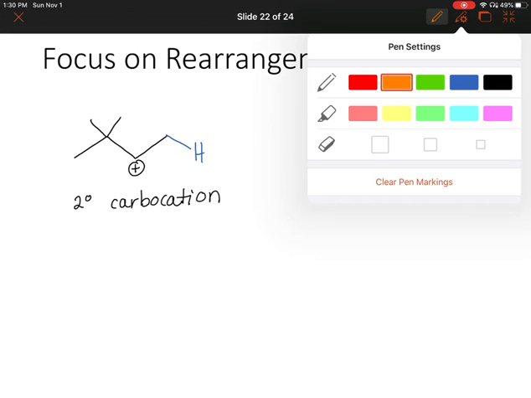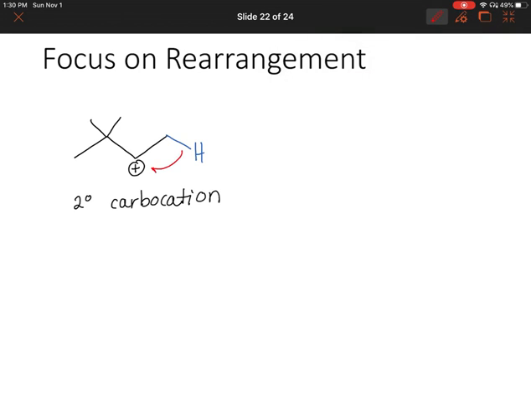And if we do that, we end up forming the following. So the hydrogen is going to attach to that secondary carbon, which is going to get rid of the positive charge.